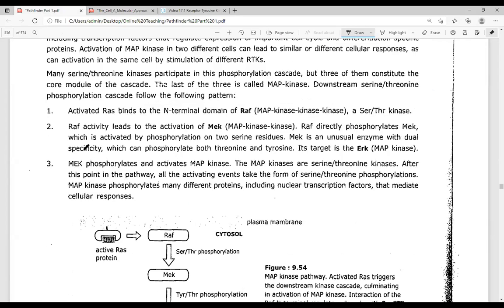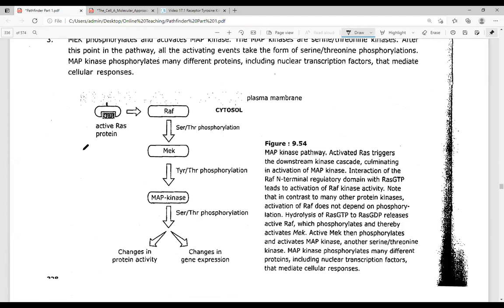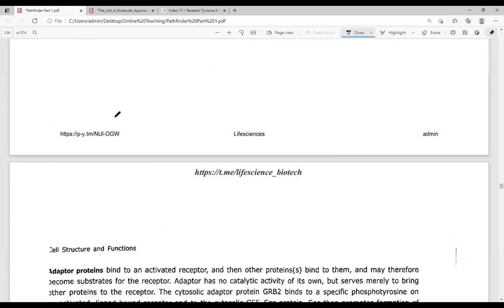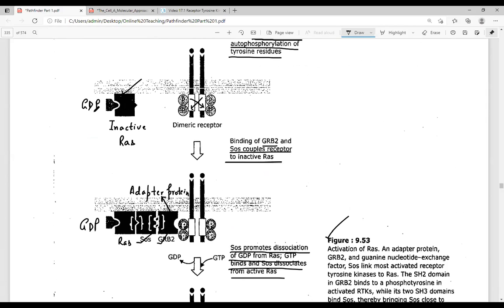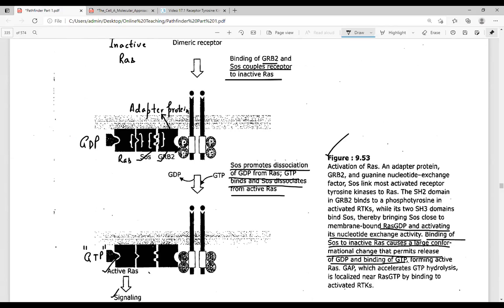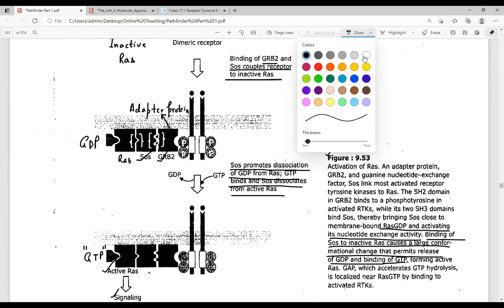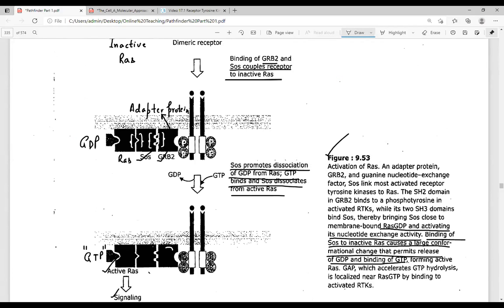What is given in this book is that once RAS gets activated by binding with GTP, and I have already told you how RAS is activated by binding to GRB2 through SOS, the signal is transmitted from the phosphorylated state towards the activation of the RAS molecule.